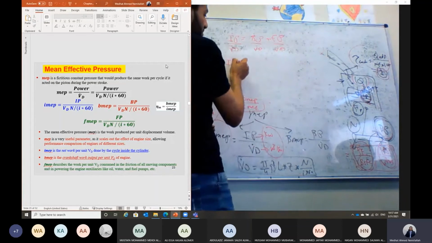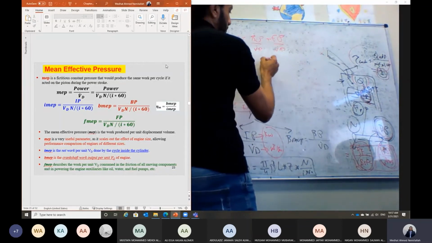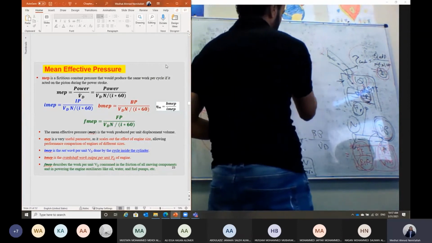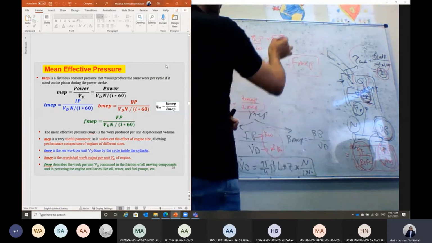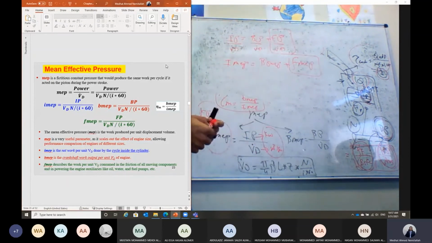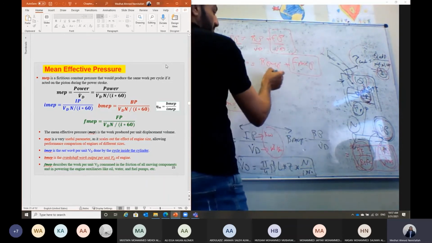The friction mean effective pressure is equal to the friction power divided by V dot displacement. So we can relate the friction losses in terms of the friction mean effective pressure, which should equal the indicated mean effective pressure minus the brake mean effective pressure in this case.